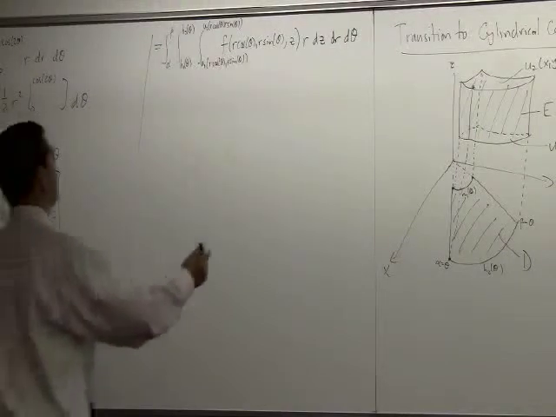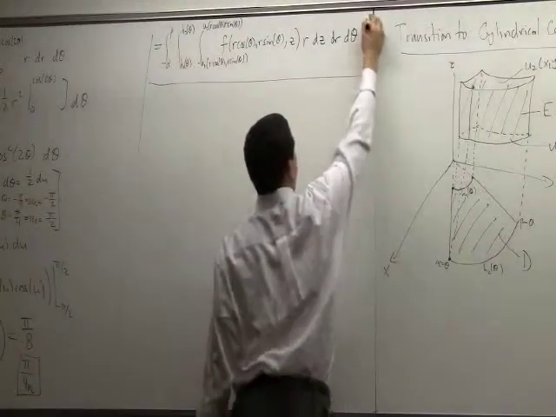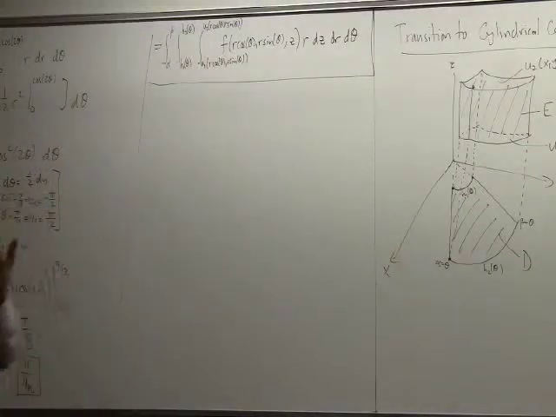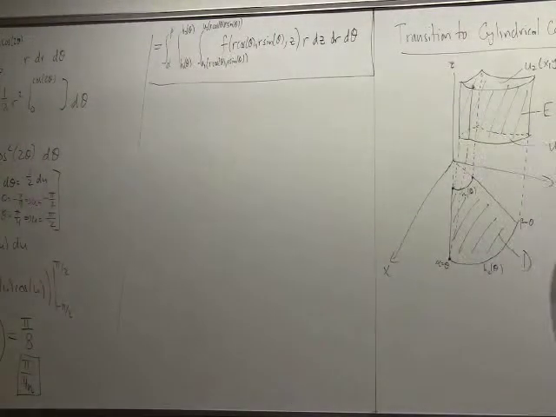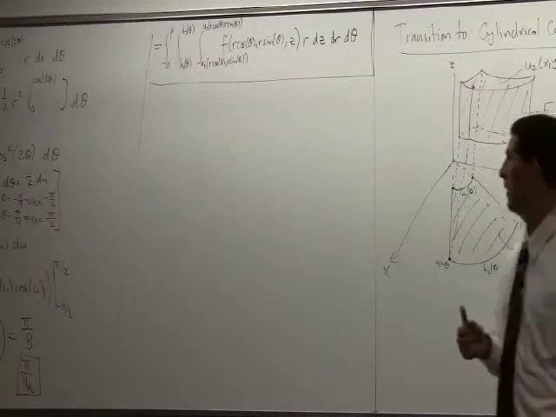Okay, so this is the formula when you put things into cylindrical coordinates. You should not memorize this. If you memorize this, your brain might explode, right? You want to remember this in pieces.